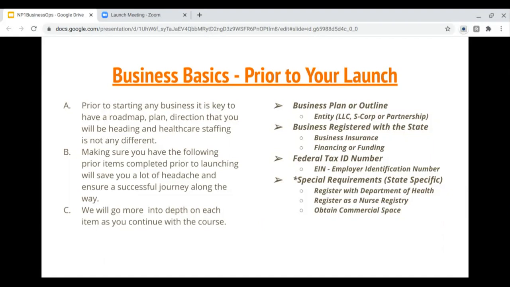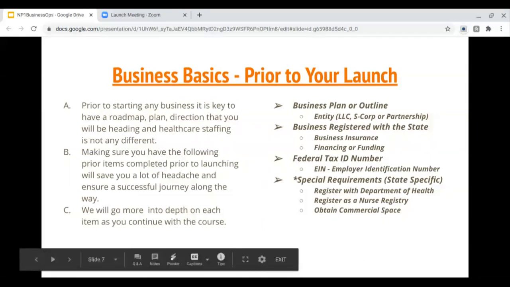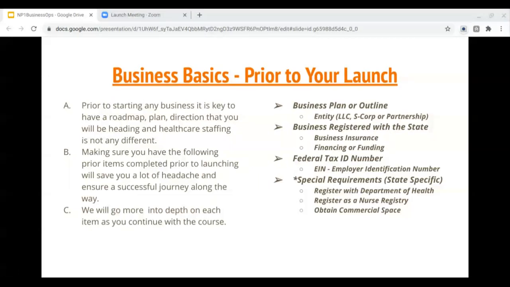I don't think we have too many students on here who are starting their business in, I know we have somebody in Florida, but in California or Louisiana, and we can talk offline a little bit about those steps and processes that your state may require you to do as well.